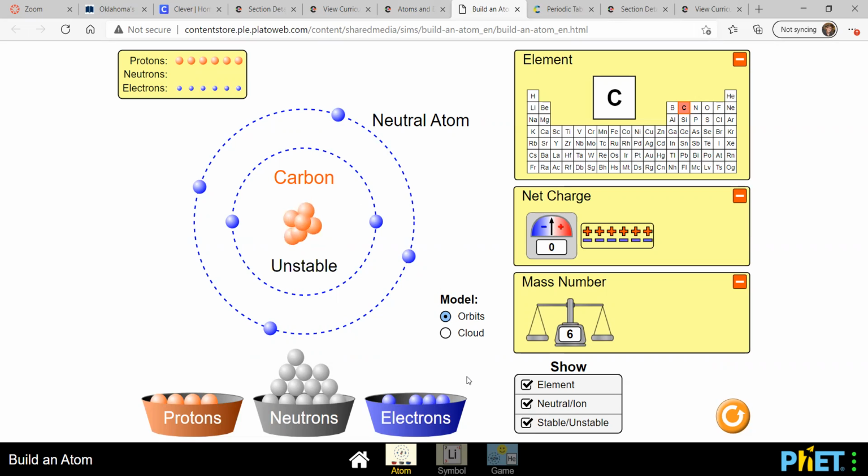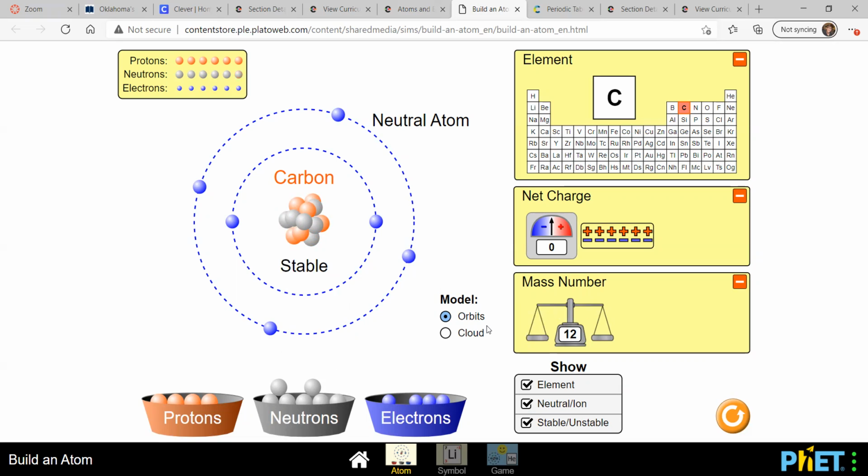However, we can see it's unstable, and we need those neutrons to make it more stable. And each time we add a neutron, you see the mass number goes up until we have 6 protons, 6 electrons, and 6 neutrons.